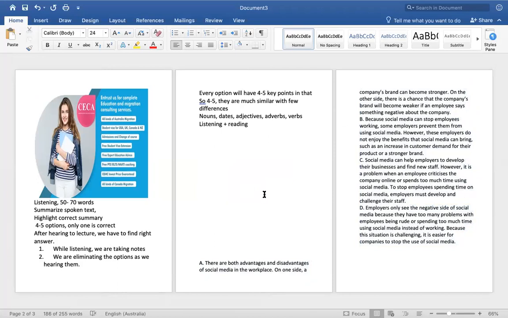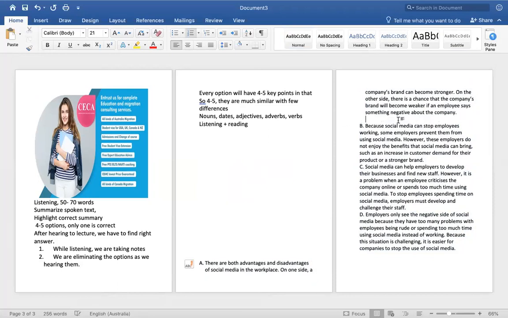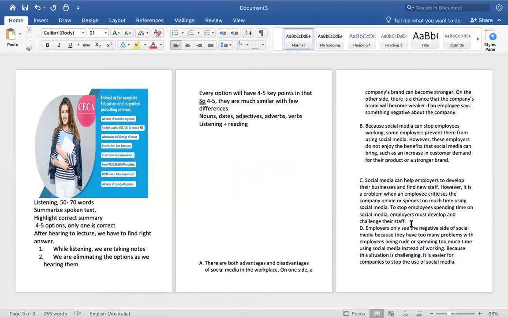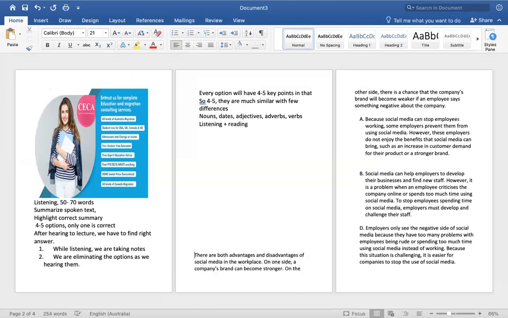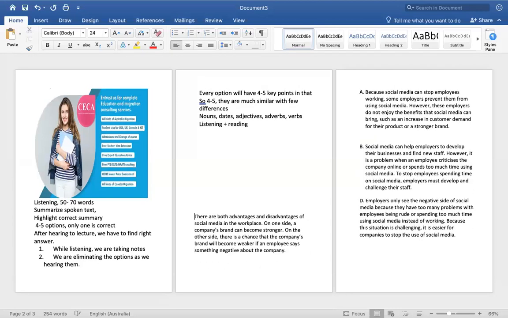Okay. So you see here, this is option A, this is option B, this is option C, and this is option D, right? Now, as you can see here, the options are not small, right?